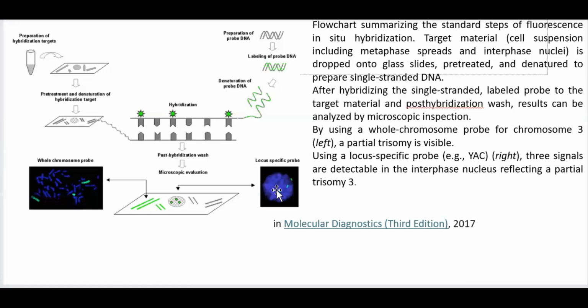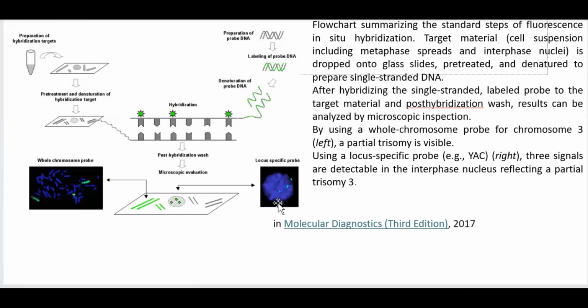So locus specific probes are designed, and here it is a whole chromosome probe that is designed. So that is how they are going to bind. The entire chromosome which might show the trisomy can be identified, and here it is a particular gene within that chromosome which has any abnormality or variation that can be tapped.